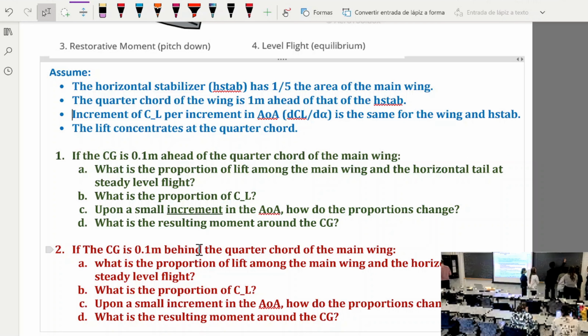Actually, you did it this way, so let me erase this and put it the other way. So this is equal to 0.1 times lift of the wing divided by lift of the tail, plus 1.1 over 0.1, the whole thing times the lift of the tail. So this guy before the pitching up was exactly the negative of this guy. Now this gets even more negative.